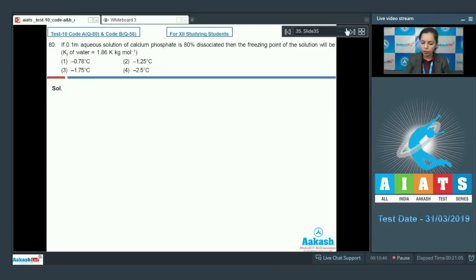Let's take question number 80. If 0.1 molar aqueous solution of calcium phosphate is 80% dissociated, it means alpha we have, then the freezing point of the solution will be, Kf of the water is already given. So in this case alpha is 80%, that is 80 by 100, 0.8. Now, since it is 80% dissociated, complete dissociation is not there, and we will use the i value for delta Tf.